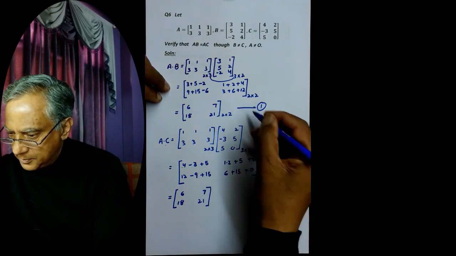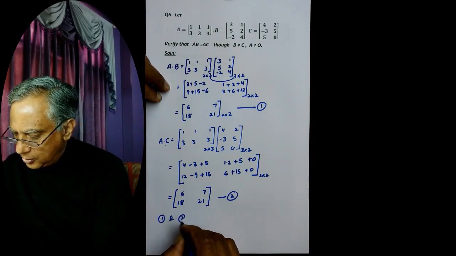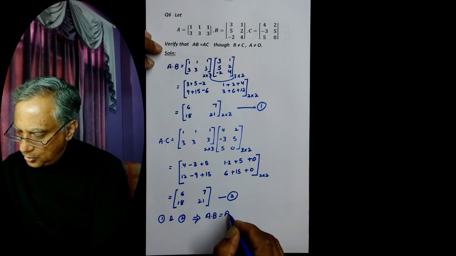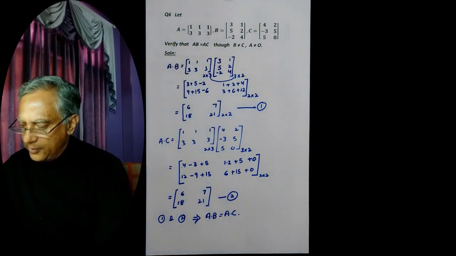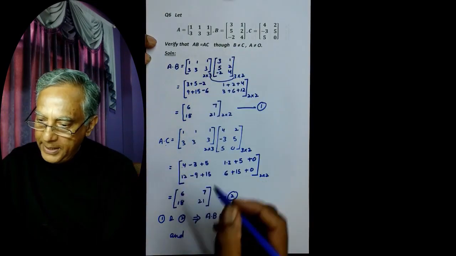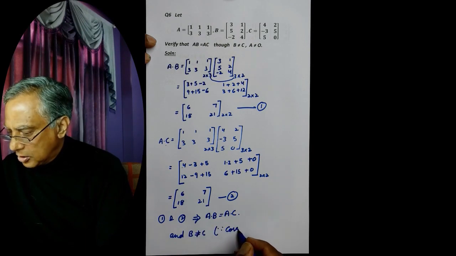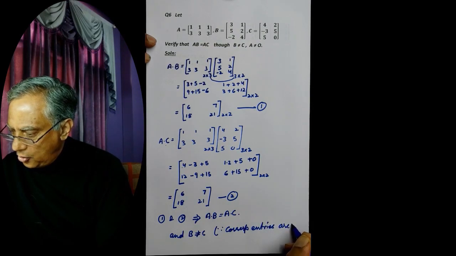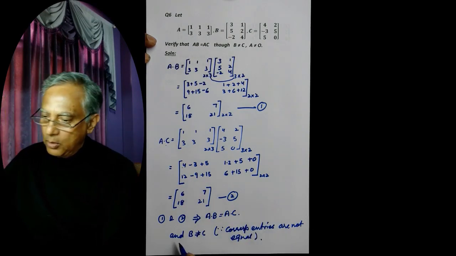Now let this be 1 and this be 2. So 1 and 2 imply A into B is equal to A into C. 6 is 6, 7 is 7, 18, 18, 21, 21. And B is not equal to C. Corresponding entries are not equal.